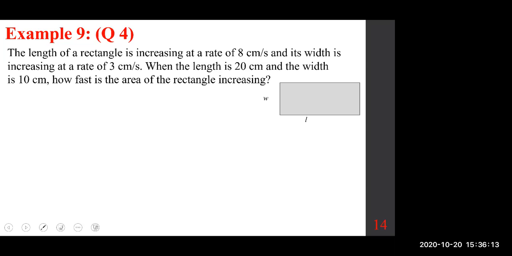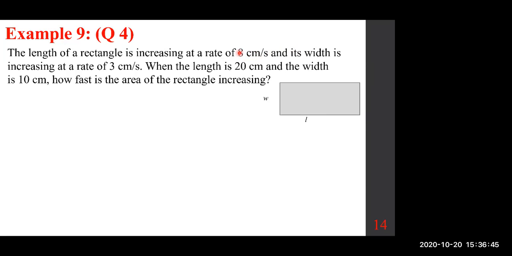So pretty straightforward. We want to see what's going on. The first thing is it's asking how fast the area is increasing. That means we should be able to relate the area to the width and the length. As you all know, the area is length times the width. The length of a rectangle is increasing at the rate of 8 centimeters per second, that means dL/dt.